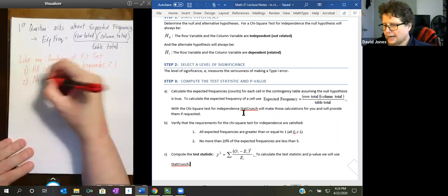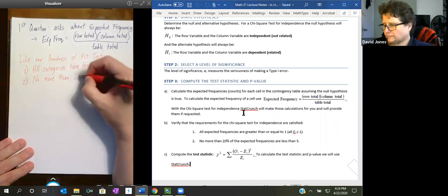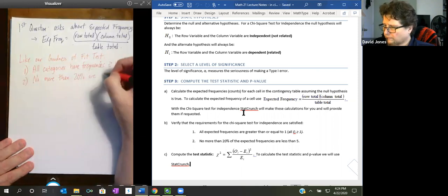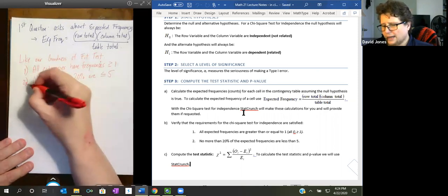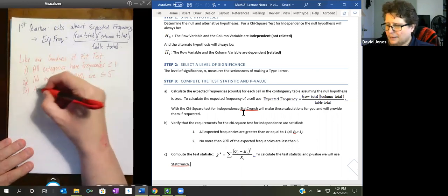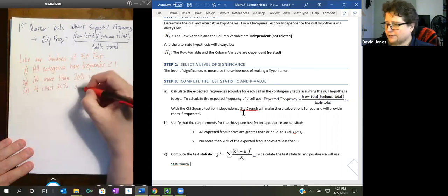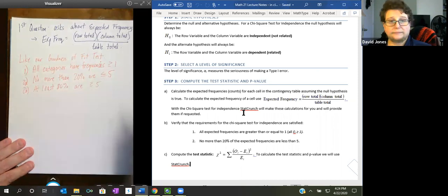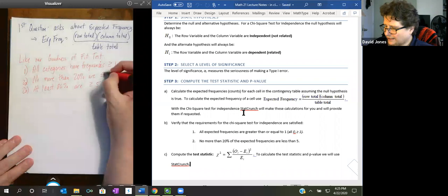And the other one we had was no more than 20% are less than 5. Or we could say this another way, at least 80% are greater than or equal to 5.